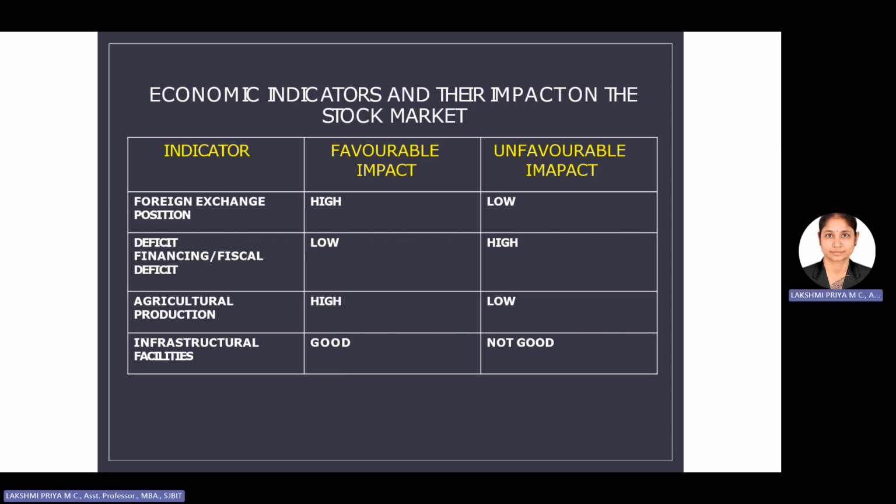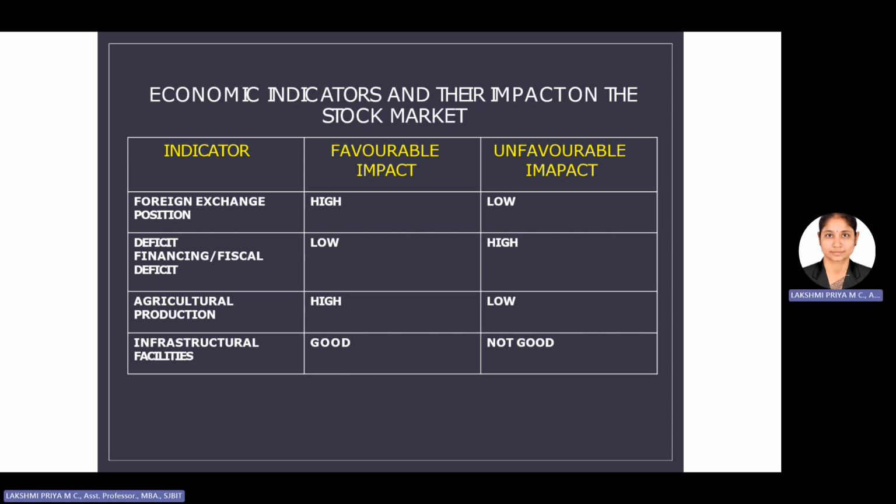Next is investment by foreign institutional investors. Actually, these FIIs are considered to be the main drivers of the stock market. Outflows of FII investment affect the stock market negatively.